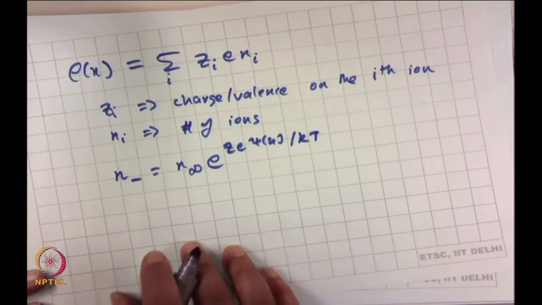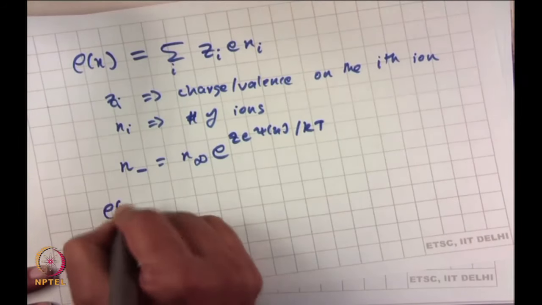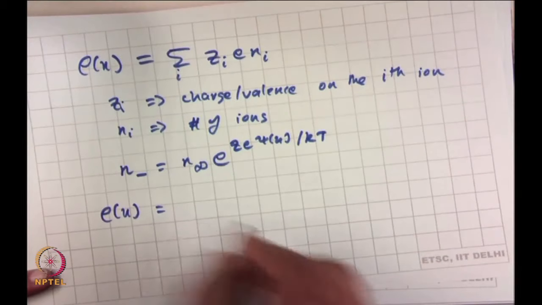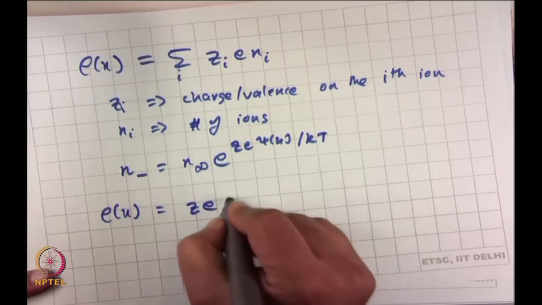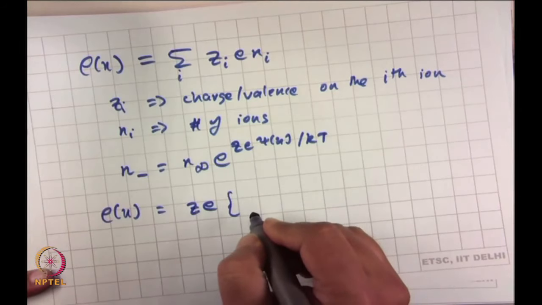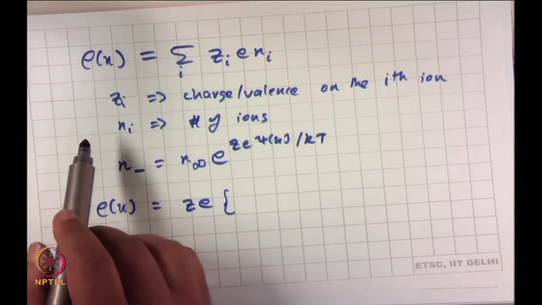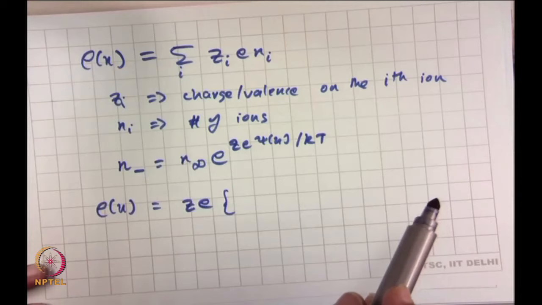Then I can express my rho of x as z e times n plus minus n minus, that is the total.